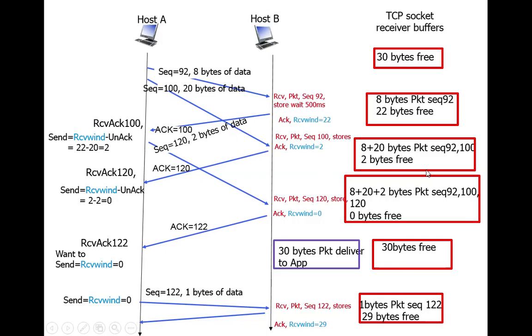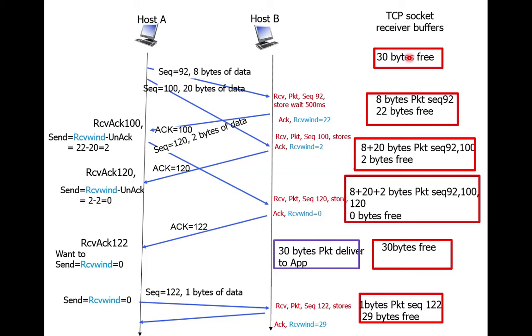Let me explain it through an example. Suppose this is host A and this is host B, the receiver. Suppose when host A and host B establish a connection, host B informs host A that host B has 30 bytes free space.